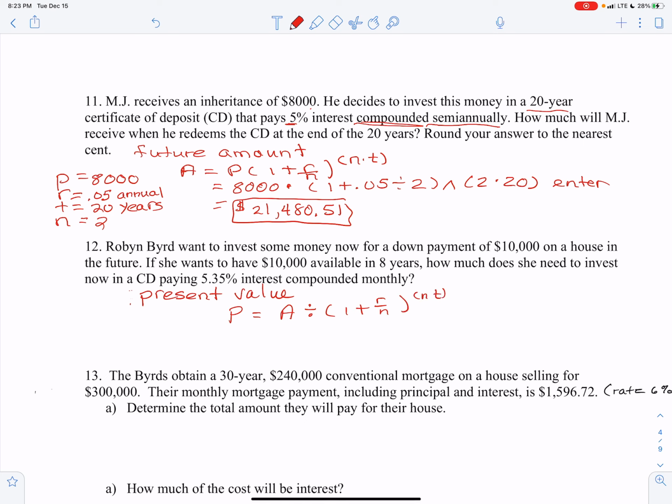So she wants it to grow to 10,000. She's going to put it in an account that pays 5.35%. So as a decimal, drop the percent sign, move the decimal point 2 places to the left: 0.0535.